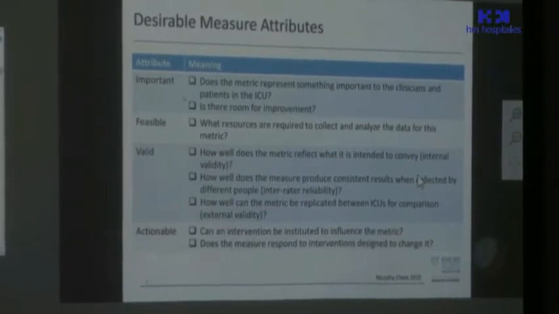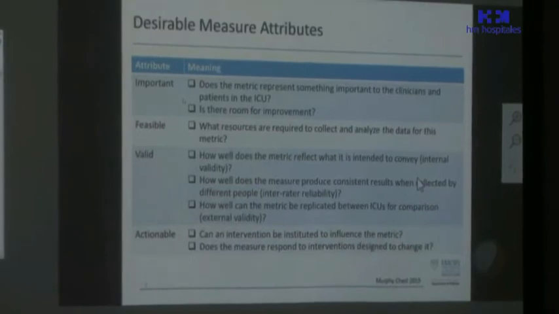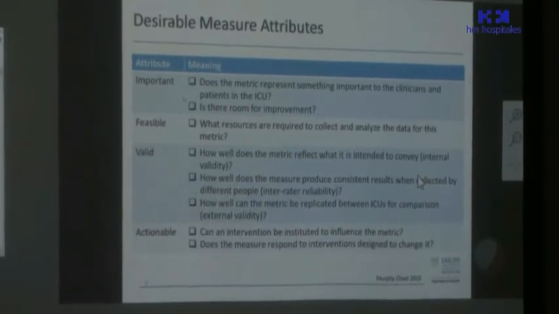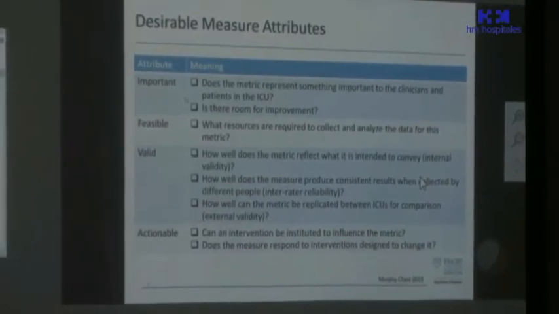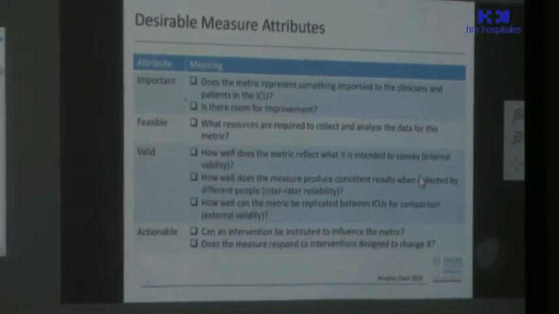What's that feasibility? How valid is it from an internal perspective? Does it convey what we want it to convey? How consistent are we able to measure that? If there's lots of variation in how we measure something, that may reflect more the measure than the actual quality of the care that we're providing. And also, how does that generalize over larger populations?